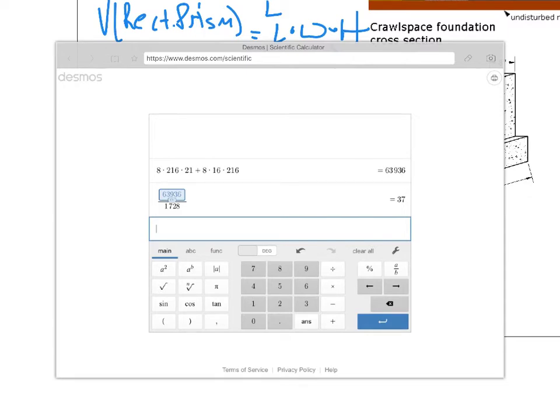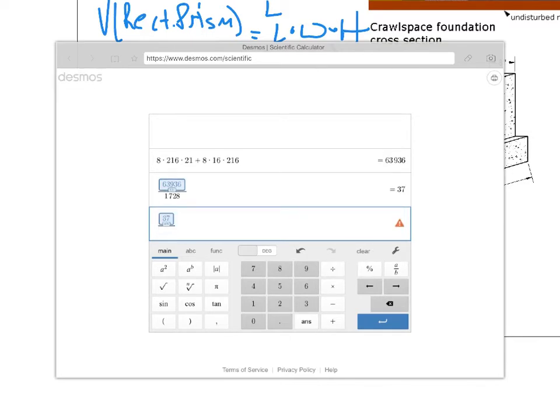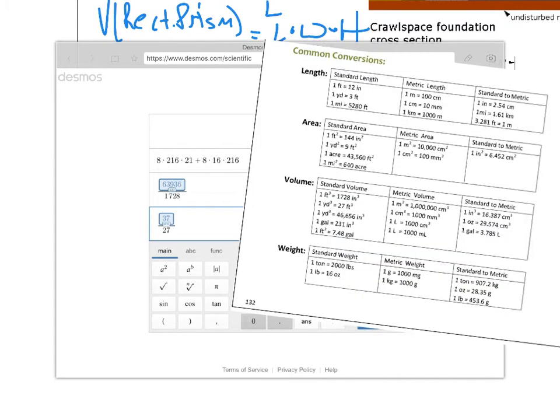And then if we look in the back of the book, we have 27 cubic feet in every cubic yard. And see, we're getting that from the back of the book here. Here we are. 1728 cubic inches in a cubic foot because it's 12 times 12 times 12.